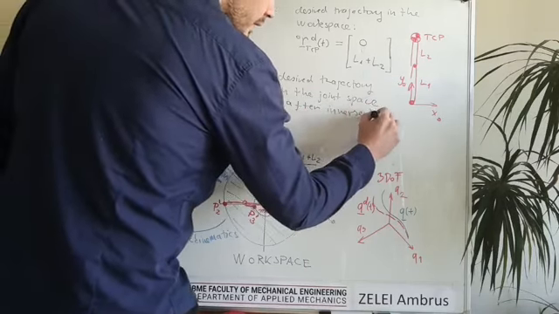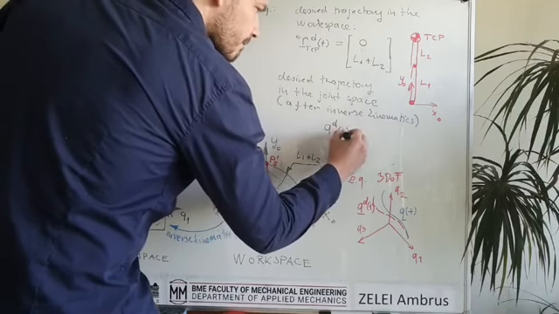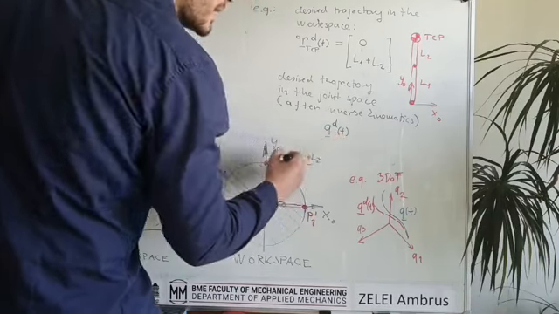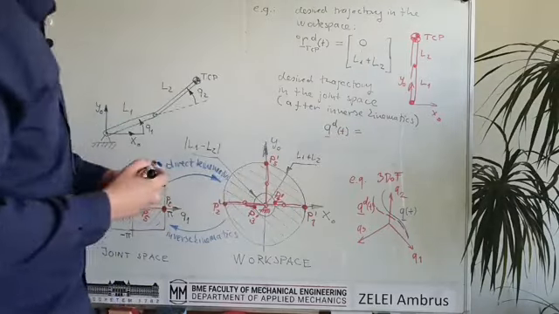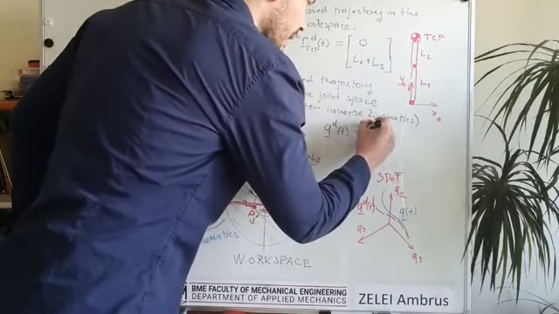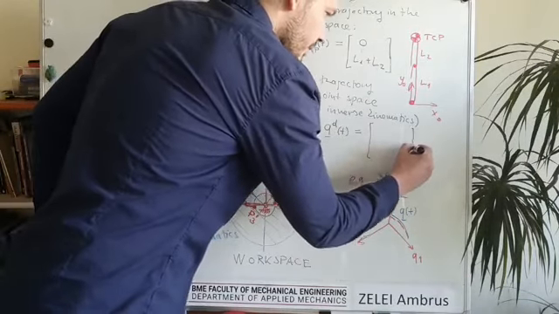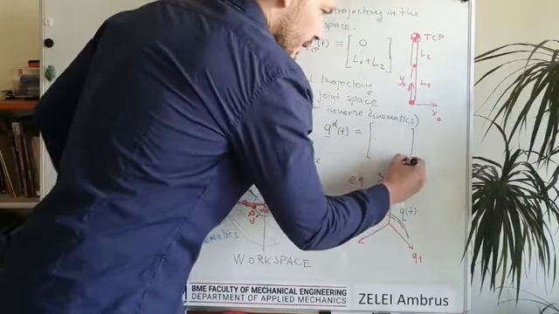So we say that the desired joint position, which may depend on time, in general it depends on time, is something coming from the inverse kinematic.